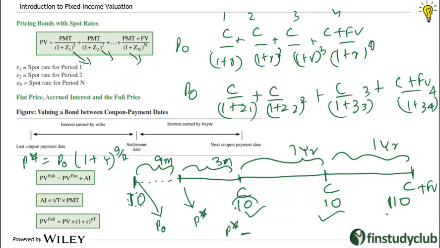Think of it: this $10 is for the entire 12 months. 9 months have lapsed, so 9 by 12, which is 7.5 out of this 10, is the accrued portion. That's what I need to take out from P star to arrive at what we term the flat price. So you first arrive at the dirty price and then the clean price. In other words, the full price and then the flat price.